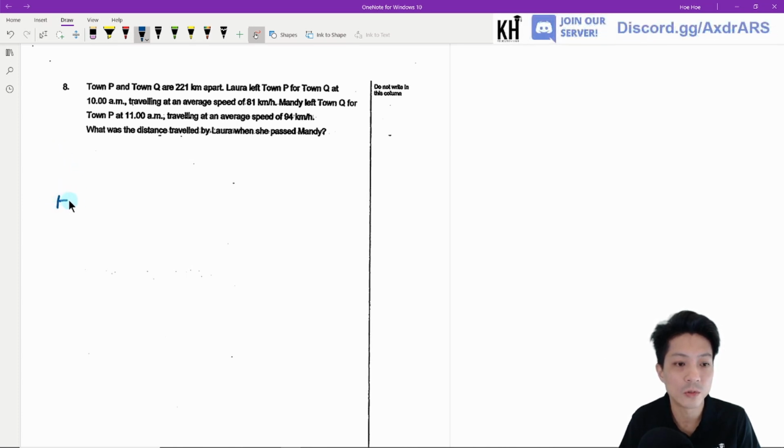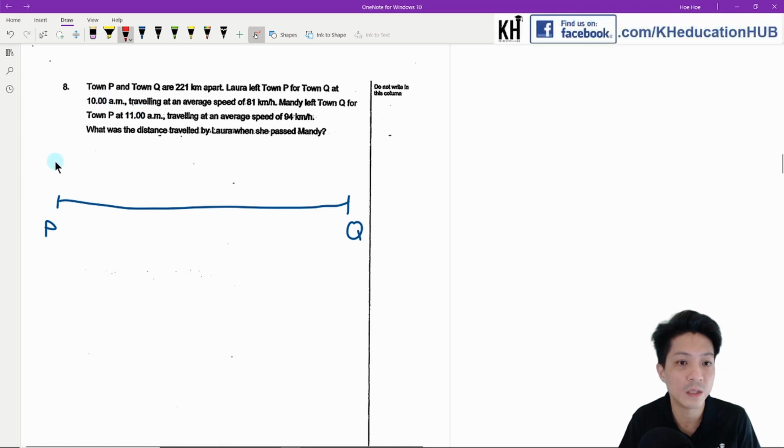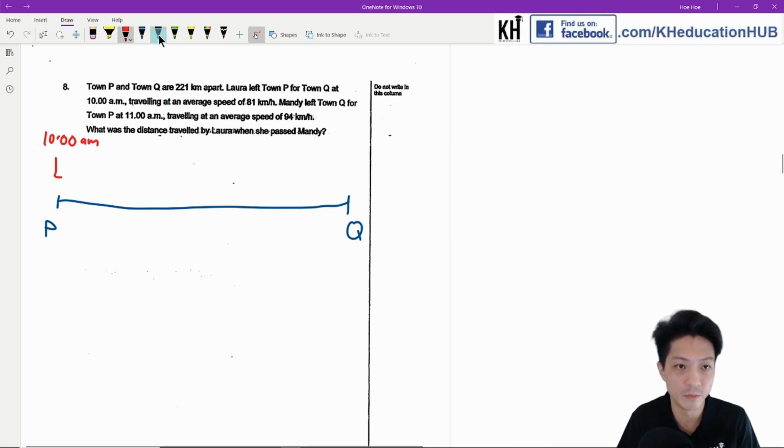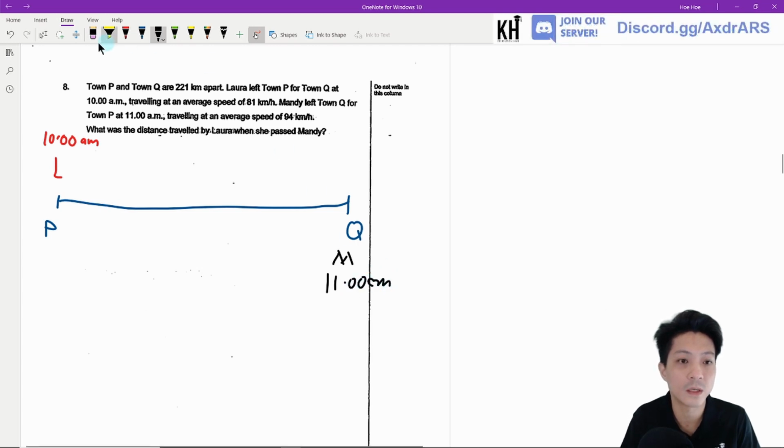Let's just try to draw the distance graph. So P and Q. Laura left P, so L is here at 10 a.m., traveling at average speed of 81 km per hour. At 11 a.m., Mandy, I'm gonna draw Mandy below. The distance between them is 221 km.